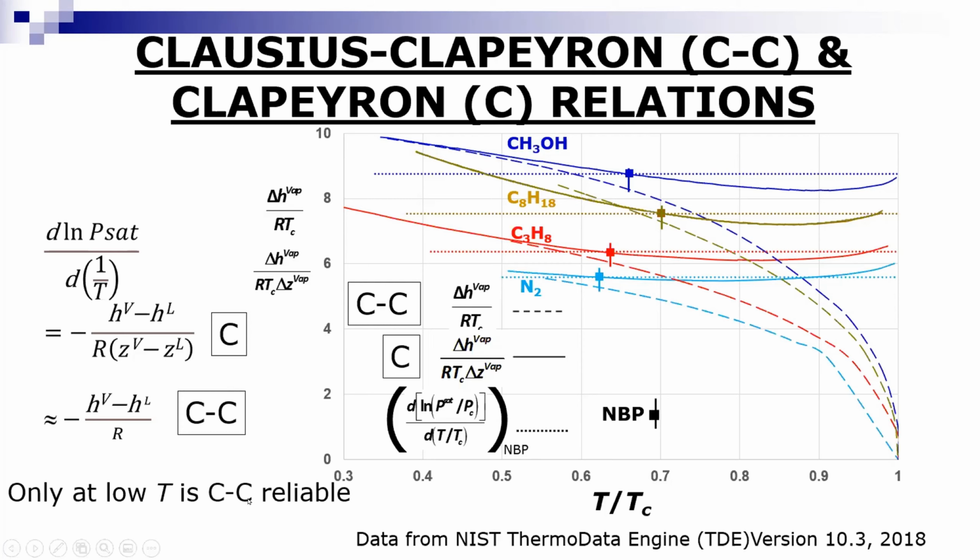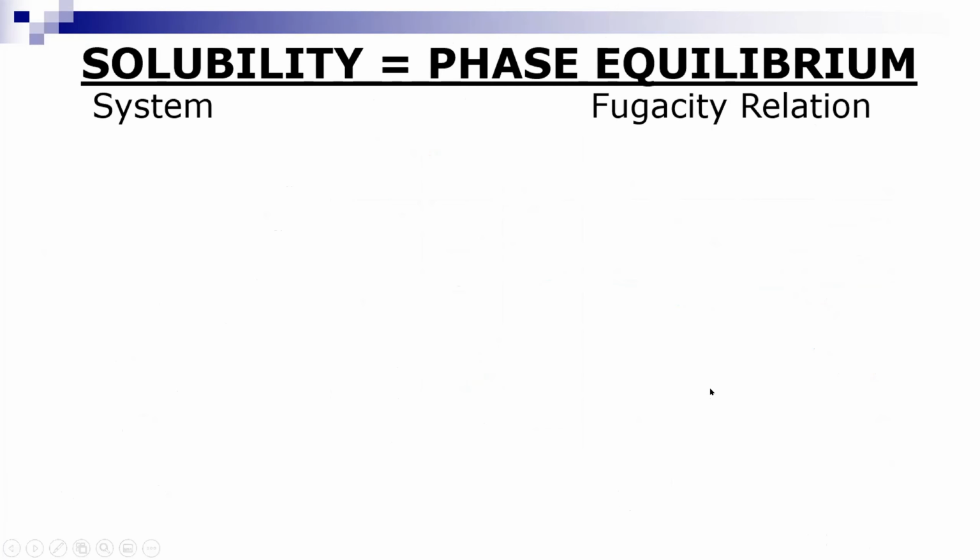Only at low temperature, and this is really low temperature, below the normal boiling point, is the Clausius-Clapeyron equation going to be rigorous. So you have to be careful about going from one set of properties to the other. But the Gibbs-Helmholtz equation tells us exactly how to do this.